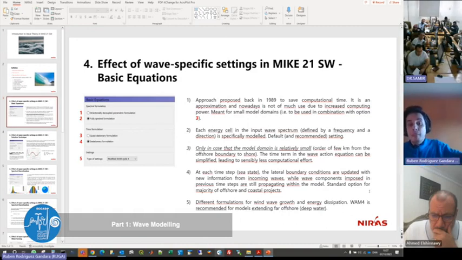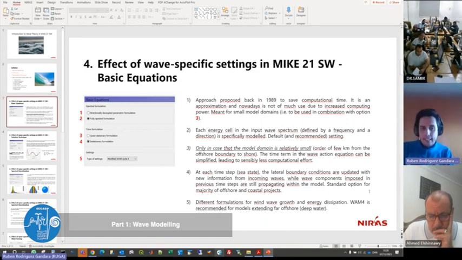Whereas I am updating the conditions at the boundary after 1 hour, which means that my waves are fully modeled before I have to update the condition at the boundary. In that case is when you can say, I can play it quasi-stationary because the waves are taking so little to travel from the boundary to the coast that it's not affected by whatever I'm updating at the boundary every time. But let's go to the opposite case.